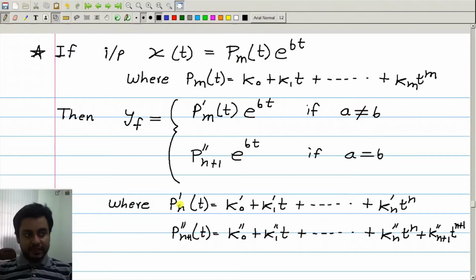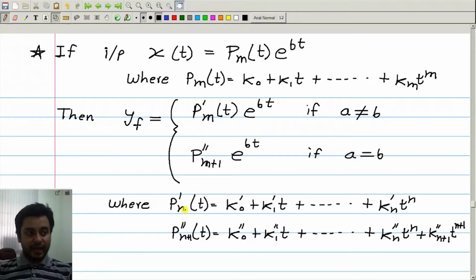Okay, but if a and b are equal, in that case the forced response will be a polynomial of degree m plus 1 multiplied by e to the power bt, same exponent as the input.